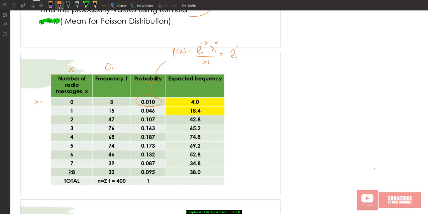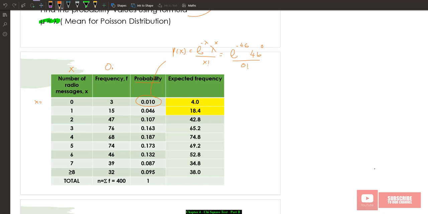If you look at when x equal to 0, exponential negative lambda, our lambda is 4.6, lambda 4.6 power of 0, divided by 0 factorial, you will get 0.001. The next rows use the same procedure.